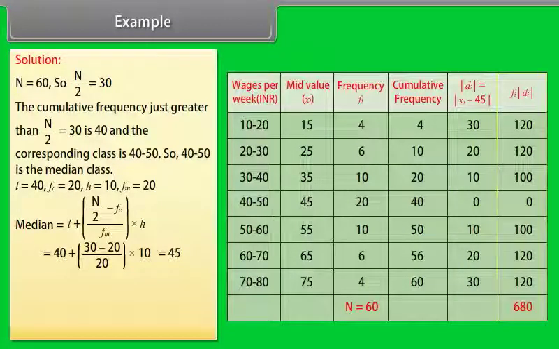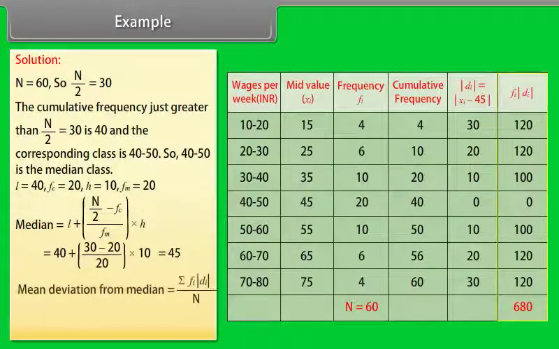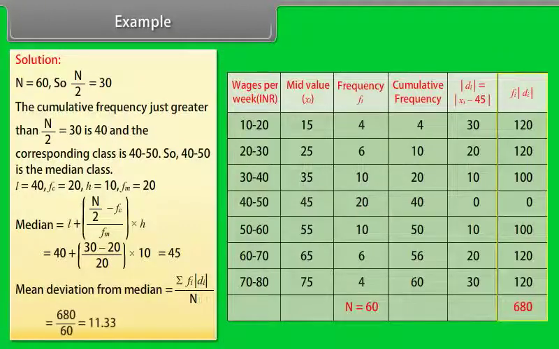In the sixth column, we find the product of di and the frequency fi, and their sum is found to be 680. And finally, we find the mean deviation by the summation of the product of frequency and di divided by capital N as 11.33.